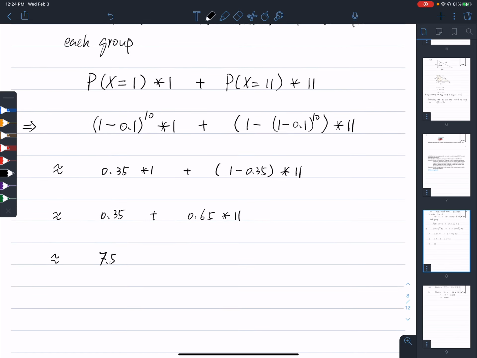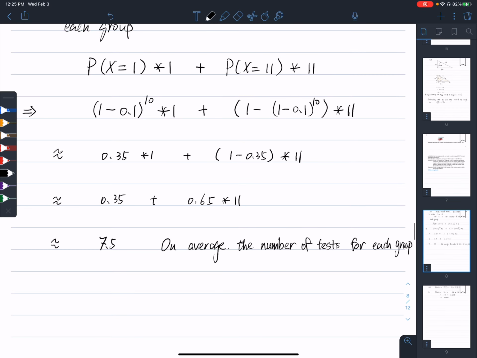So that's the number of tests on average we need to do for each group. And we have 10 groups.